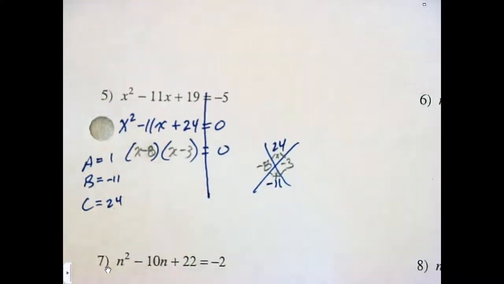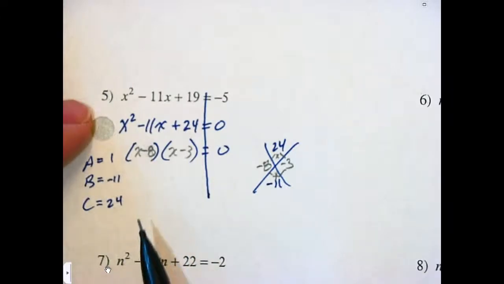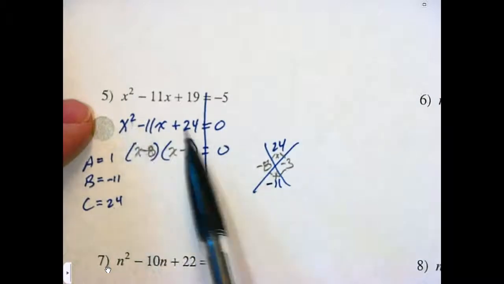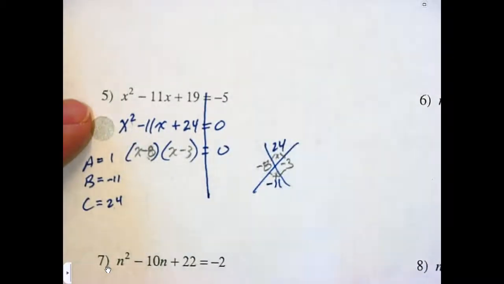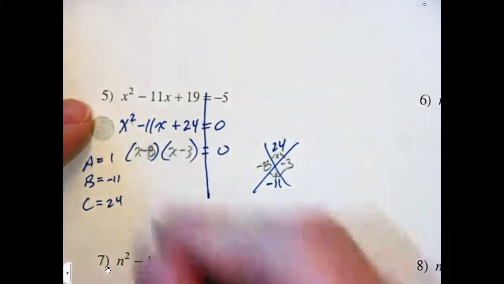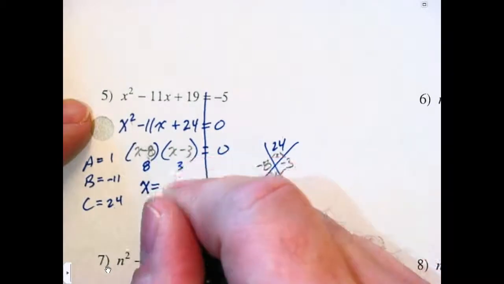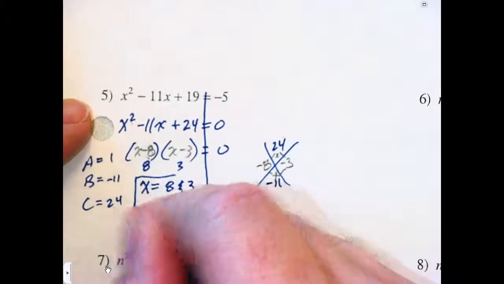No. So if you haven't made this connection, you will really like the ones when A is 1. Because it's very easy. When you do A times C, it's just C. When you divide by A, it's still the same thing. Just don't forget to divide by A. So my answer here is x equals 8 and 3. So that is putting it all together now.